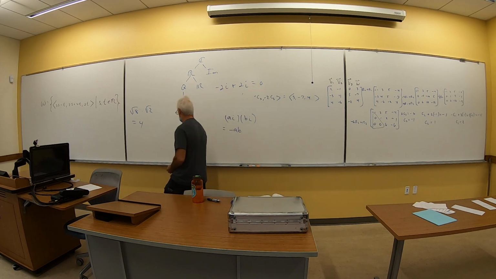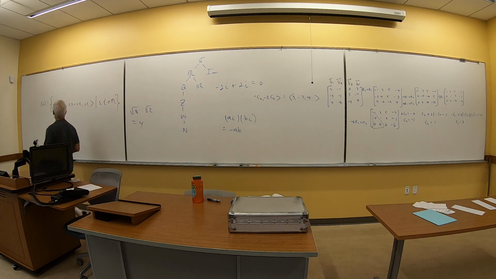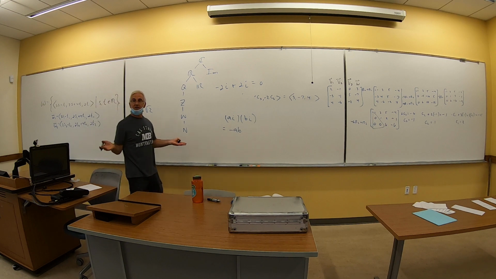For example, if I took two random vectors in this set, let's call W1 3s1 minus t1, 2s1 plus 4t1, and 2t1. And let's take a second vector, call it W2, and we'll make that one 3s2 minus t2, 2s2 plus 4t2, 2t2. Here's two arbitrary vectors in this set.